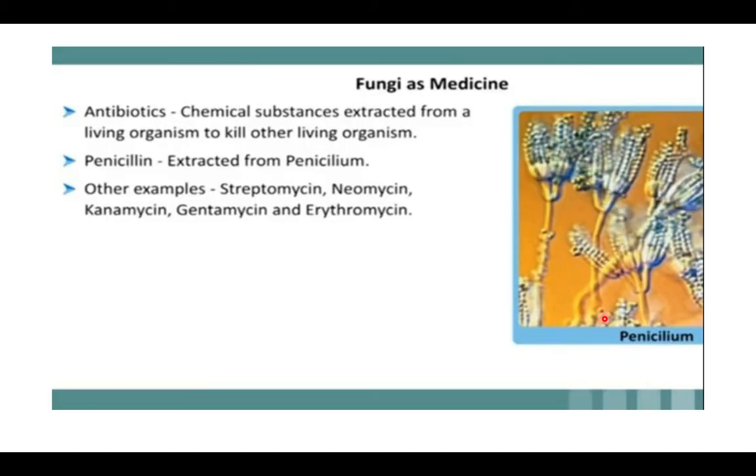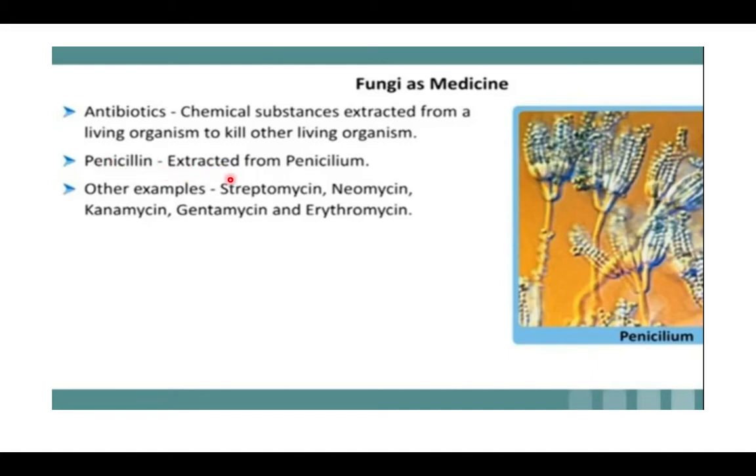Next, how fungi are useful to us. Fungi in the medicine field. I already told you, preparation of antibiotics. An antibiotic is a chemical substance extracted from a living organism to kill other harmful living organisms. So how to say that?